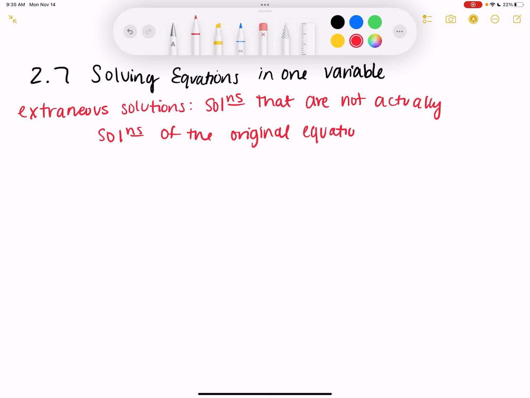So it would be something like it tells you that x equals 2 and x equals 0 are solutions, but when you plug them back in, it would make it undefined. Like it would make your denominator 0, which would make it undefined.